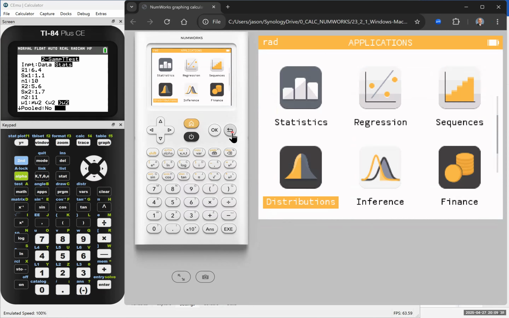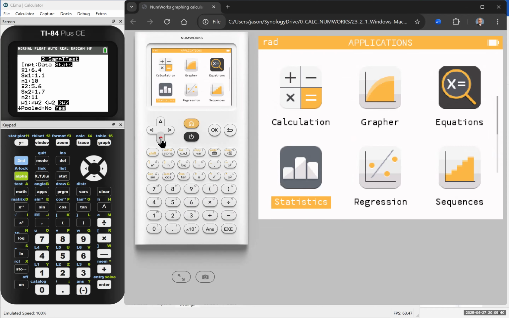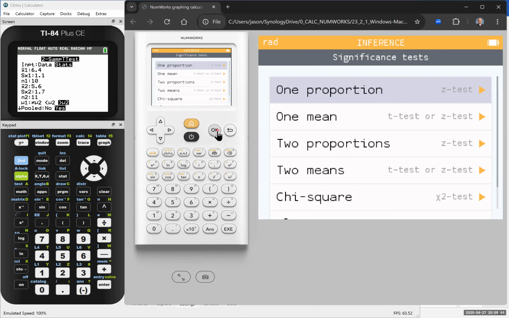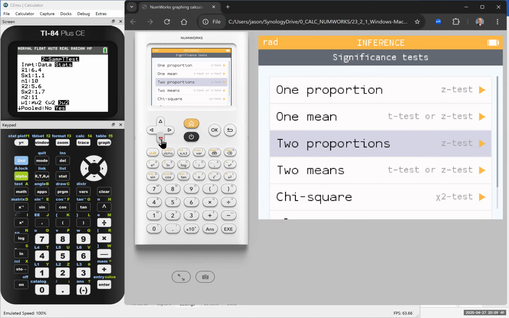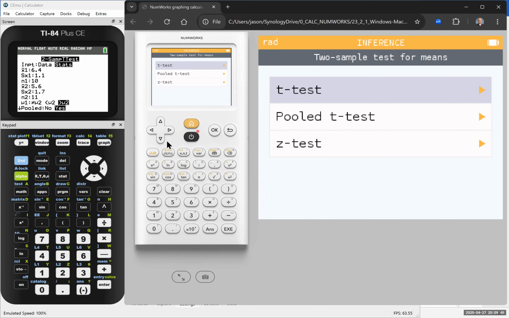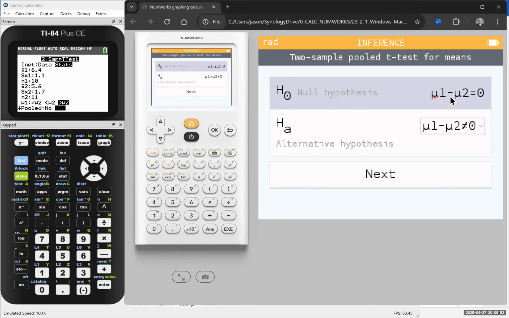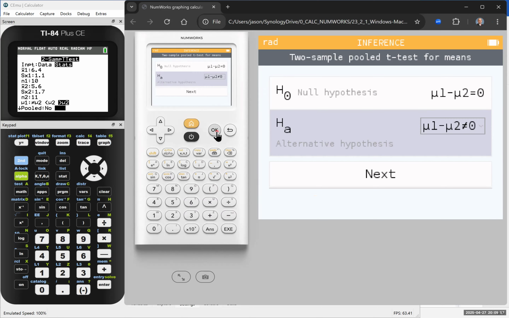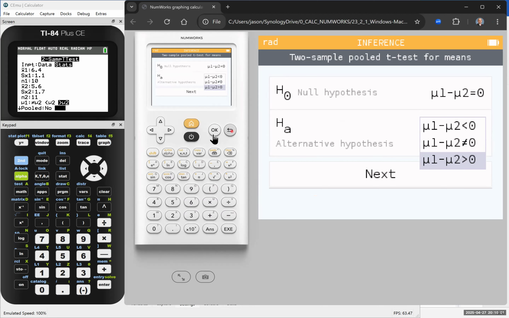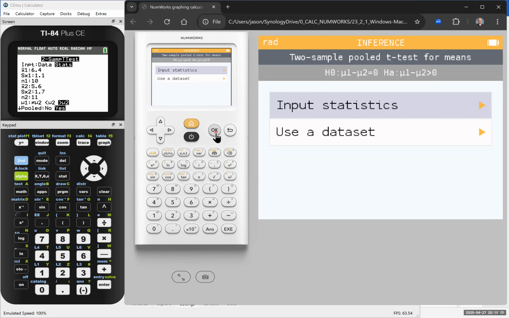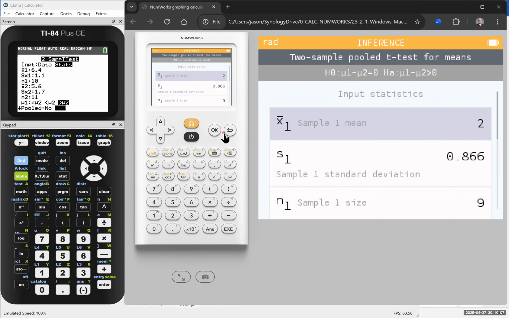Let me back out here. Okay, I'm going to go to the inference app, do tests. Okay, this is with two means, and we want to do a pooled test. All right, so we have mu1 minus mu2 equals 0. And then this one is going to be greater than for the alternate. Okay, we're going to input statistics.